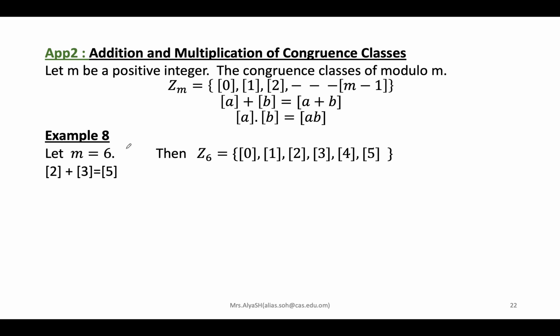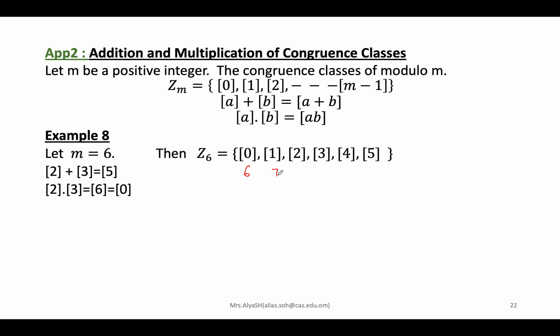In case we have 3 plus 2, I'm getting the remainder 5. 3 times 2 gets 6, but 6 is not a class in modulo 6, so I can represent it by 0. So what we can do here is start from 0 until m minus 1, which is 5, then continue adding the numbers.